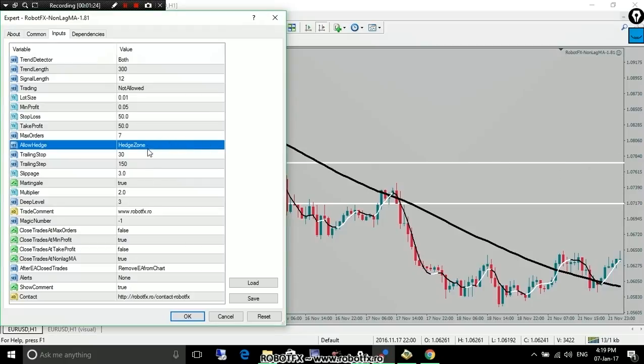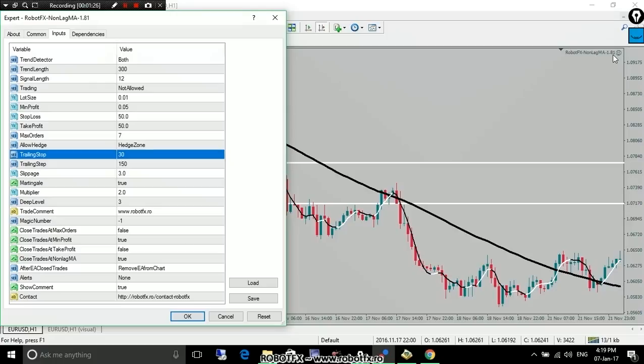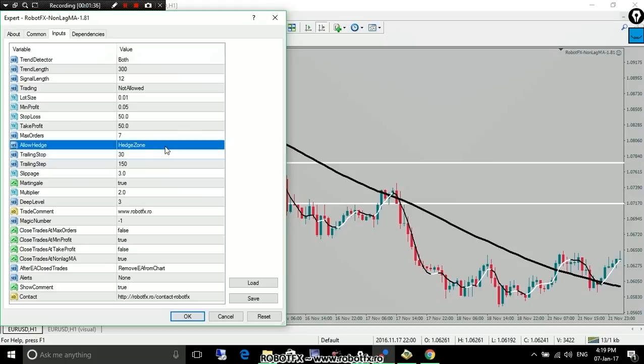So by using this non-lag moving average expert advisor, you also benefit from the auto recovery expert advisor at the same time. Let's explain it for those who don't know what hedging means and those who don't know about our auto recovery expert advisor.